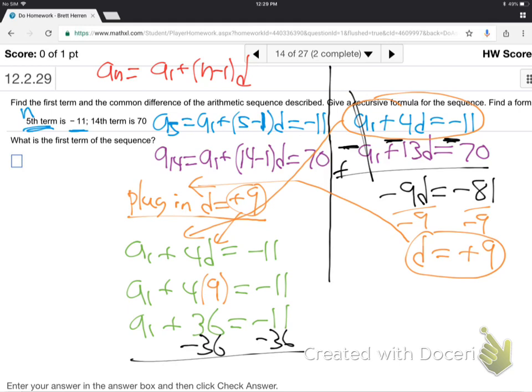Subtract 36. A1 is minus 47. So we got A1 and d. So all their questions, it's A1 d, A1 d, A1 d. Is that okay? You good on those two equation, two letter ones? Questions before I move on?